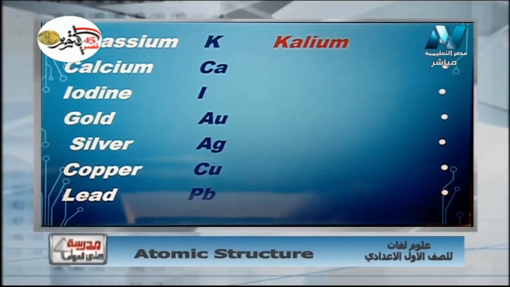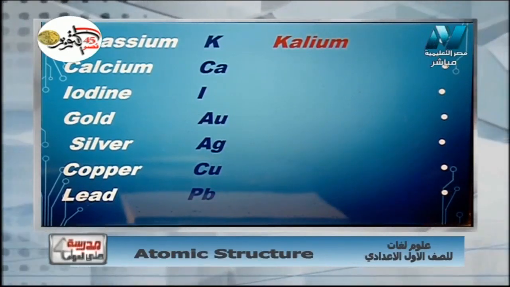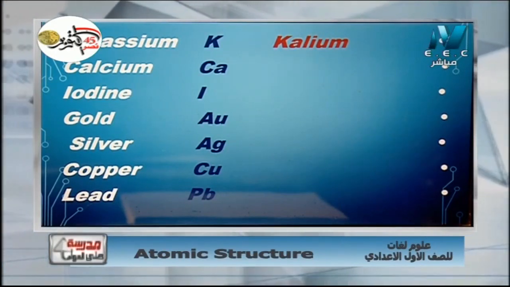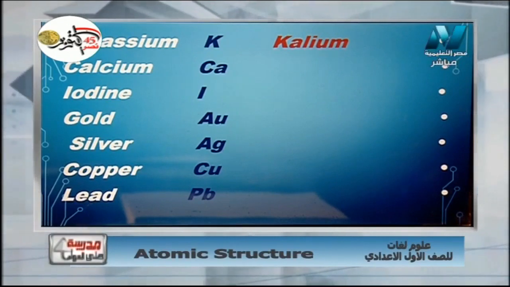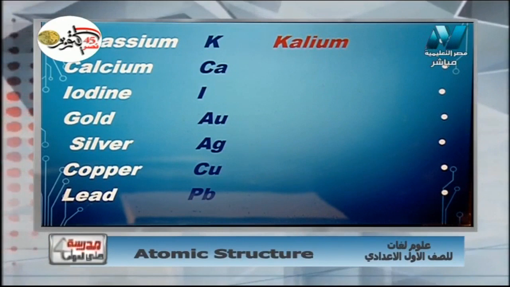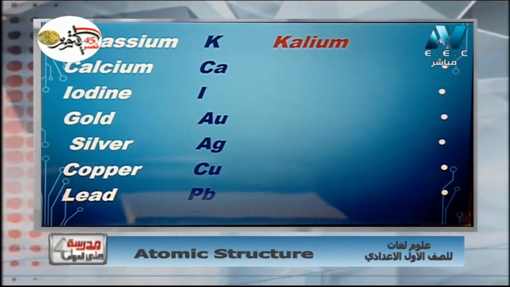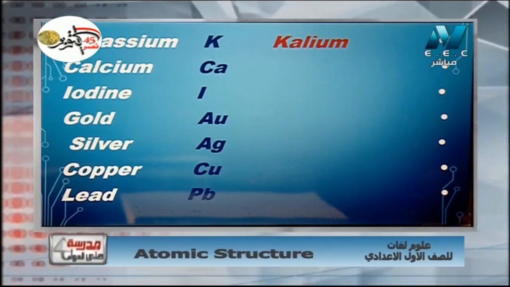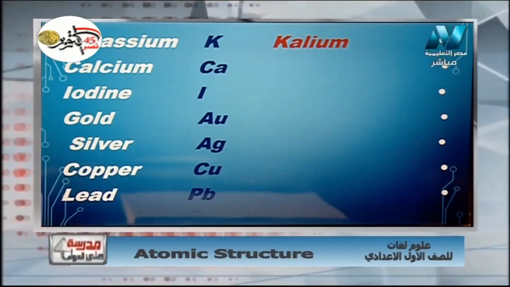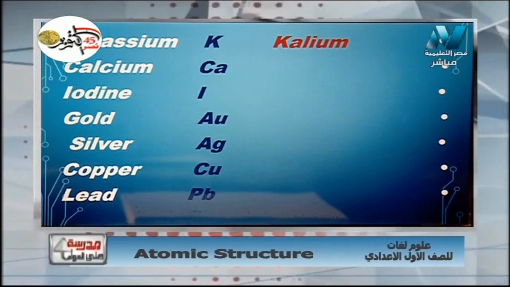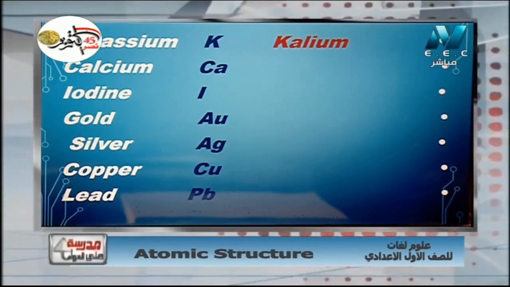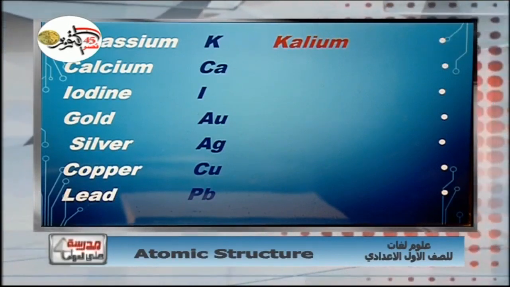Potassium, K, it's not P, but it's K, because it's from the Latin word. Iodine, I. Gold, Au, because it's not from the English word but comes from the Latin word. Silver, Ag, from Latin. Copper, Cu. Lead, P capital, b small.